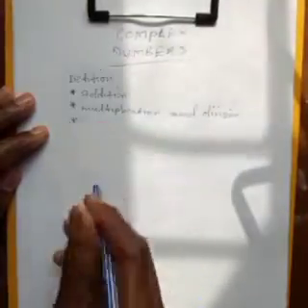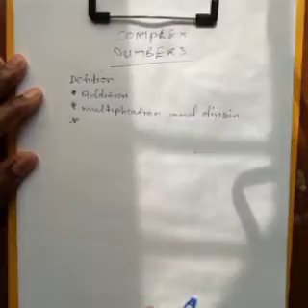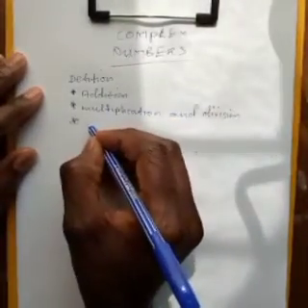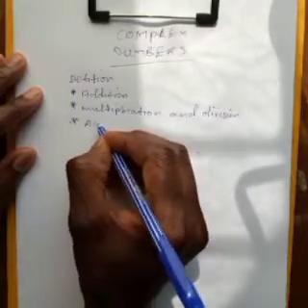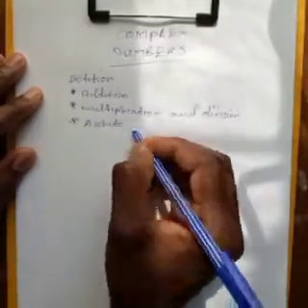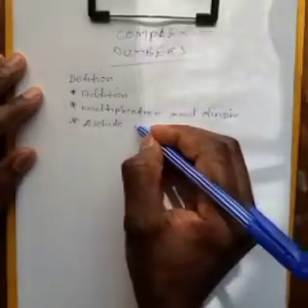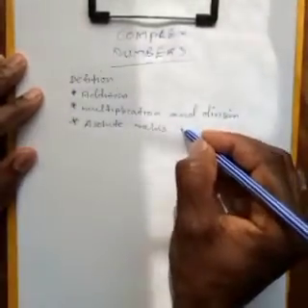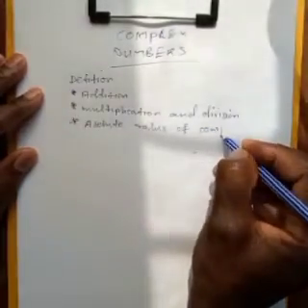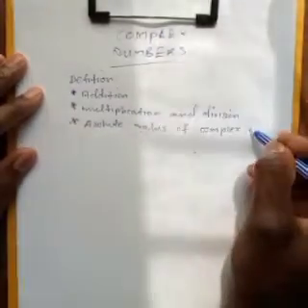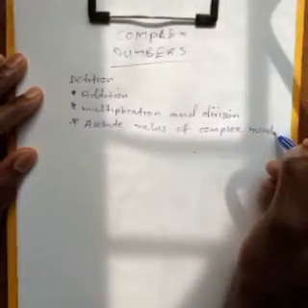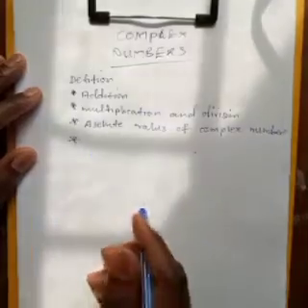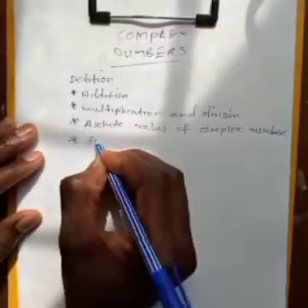You also have to understand that complex numbers can be dealt with using what we call absolute values of complex numbers. Then we also have the last thing, which is also connected to complex numbers. This is what we call surds.